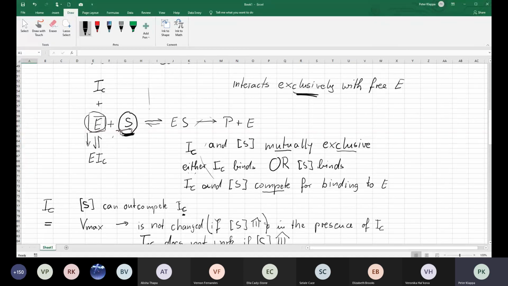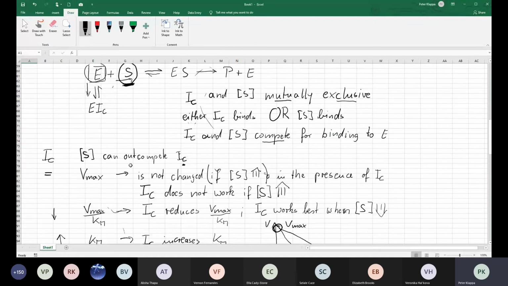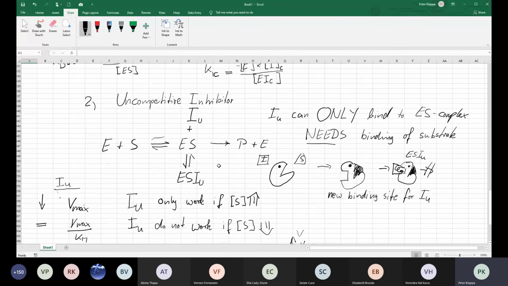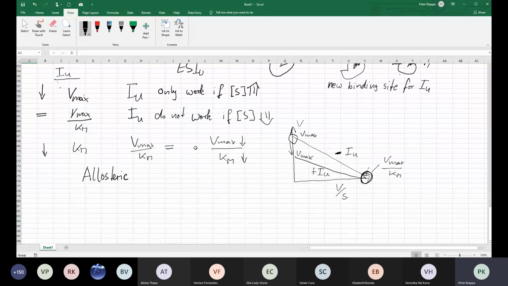Either the substrate or the inhibitor can bind. In contrast, the uncompetitive inhibitor can only bind to the ES complex once the substrate has bound. And in the session on Friday, we will discuss what Edith suggested, what happens if you've got both present.